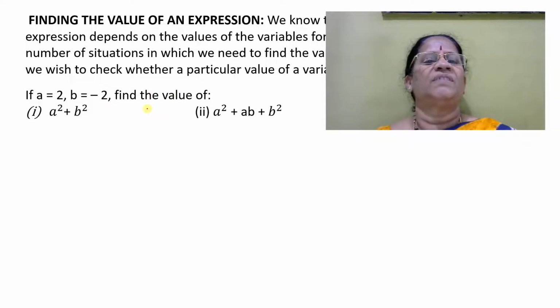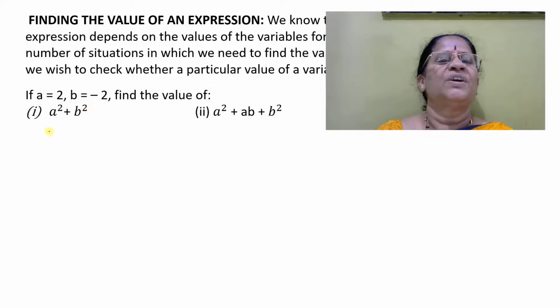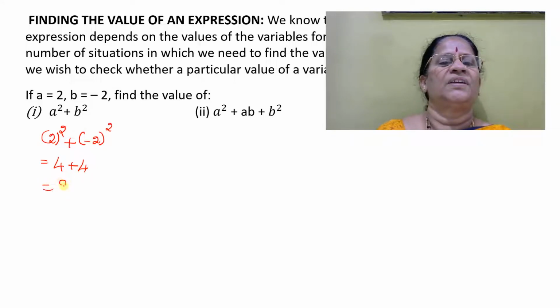We have to find the value of a square plus b square. In place of a, you need to substitute 2. It is 2 square plus b is minus 2 whole square. Now 2 square is 4 plus, don't multiply these two, children. A negative integer raised to an even power is always positive. So it is plus 4 only. Therefore, it is 8.